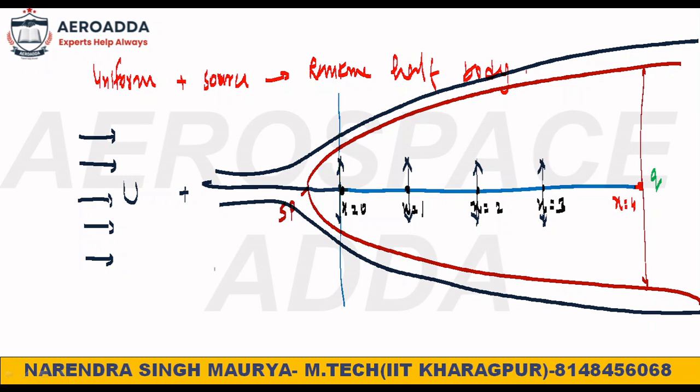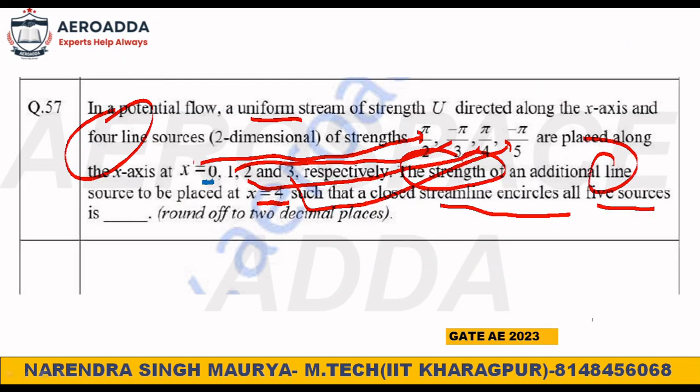Coming to this, it is clearly mentioned that the closed streamline encircles all five sources.